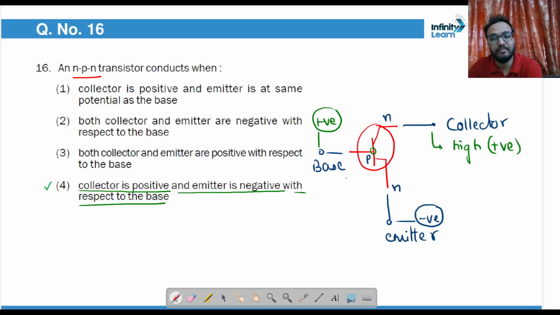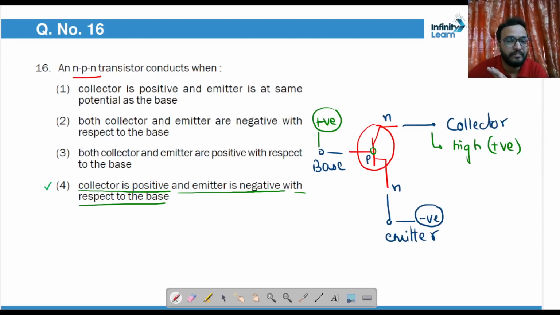Clear? See, simple logic. In a PN junction, if you want to make it forward biased, P should have higher potential as compared to N. And in a PN junction, if you want to make it reverse bias, then P should have a lower potential as compared to N. Simple logic. Now forget negative positive.